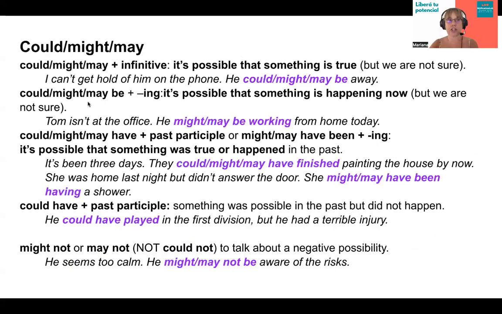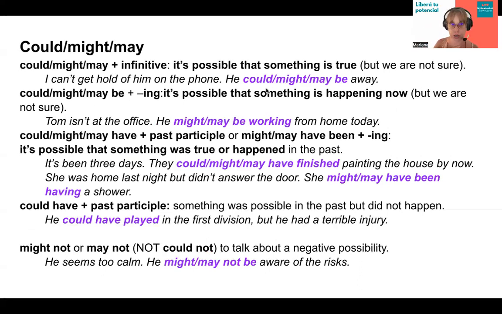You can also have alternatives with could, might, or may. Remember that these three always refer to possibilities, okay? It's possible that something is true, but we are not sure. So you say he could, he might, or he may be away.